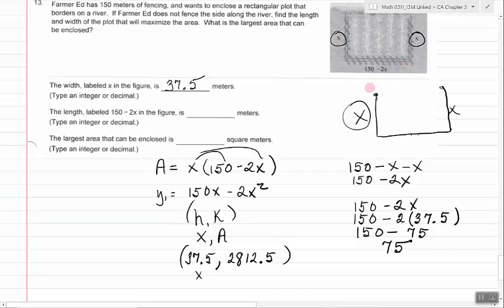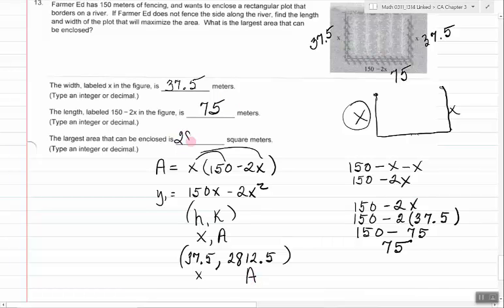So right now, here's what I've got. I've got that this side is 37.5, which means this side is 37.5. I just simply plugged in 37.5, and I got that this side is 75. The largest area is right here.